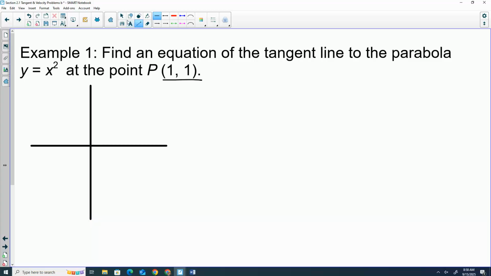All right, you could draw yourself a picture if you wanted. Y equals x squared. We know what that looks like. 0, 0, 1, 1, negative 1, 1, just a parabola. I am trying to draw or get the equation of a line at this point 1, 1.